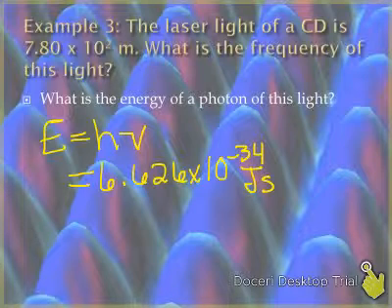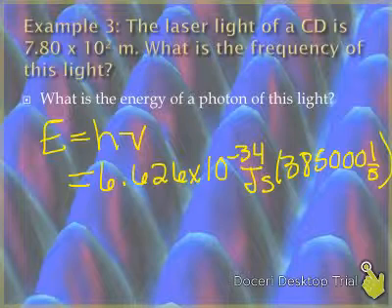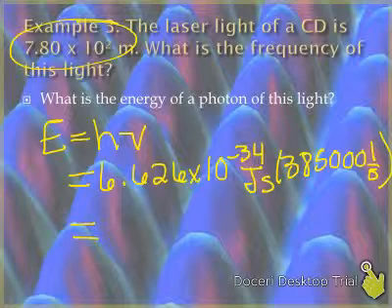Then we plug in our frequency, which we just found to be 385,000 hertz. Our seconds are going to cancel out, right? What are we going to be left with? Joules. So if you put all of these numbers in your calculator, how many significant figures do I get to keep again? 3, because we're given one number in our problem.